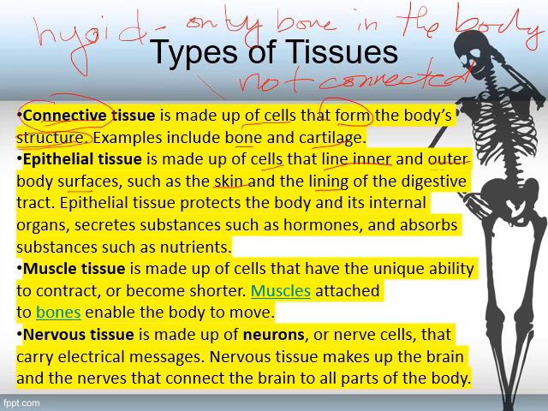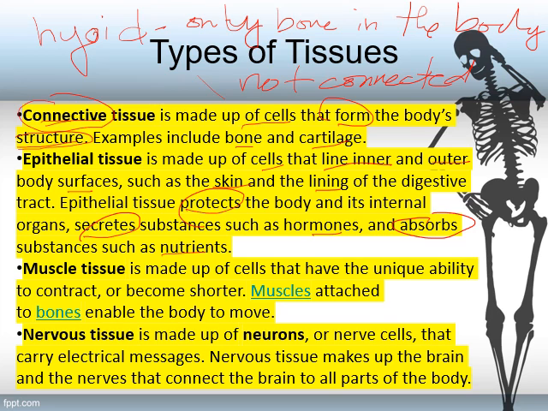Epithelial tissue also protects the body and its internal organs, also secretes or produces substances just like hormones, and also absorbs substances just like nutrients.